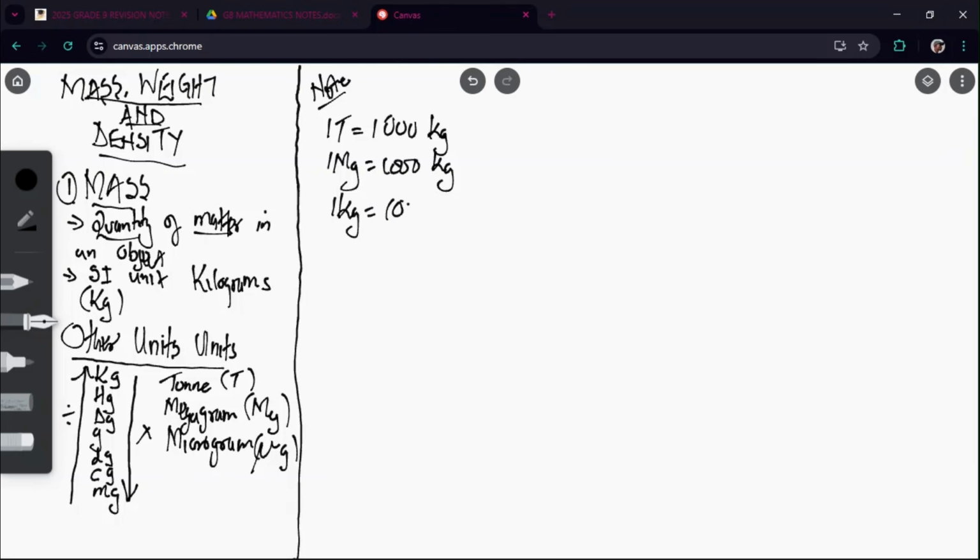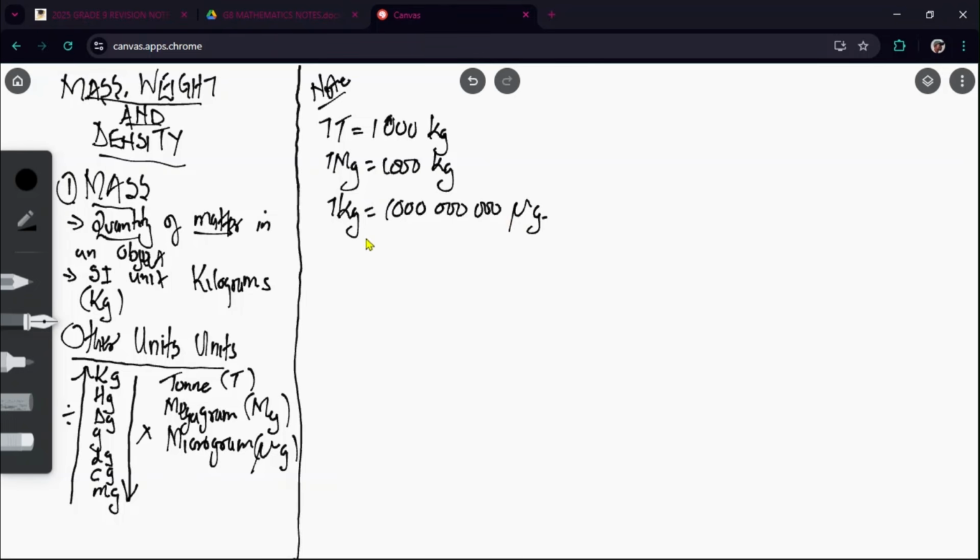And 1 kilogram is the same as 1 billion, a number with 9 zeros, microgram. So it's good to know that 1 ton is the same as 1,000 kilogram, 1 megagram is also the same as 1,000 kilograms, and 1 kilogram is the same as 1 billion micrograms.